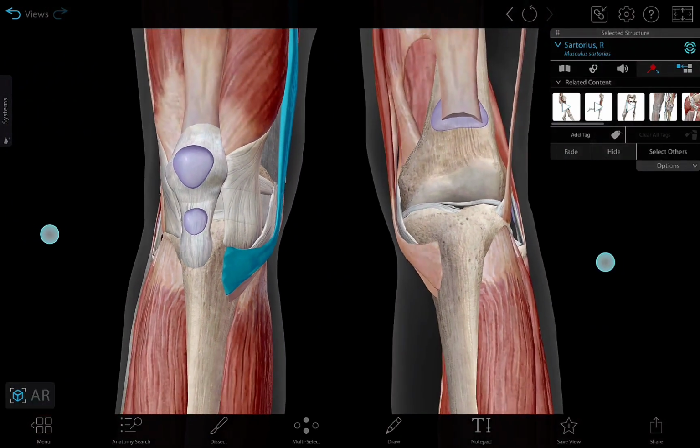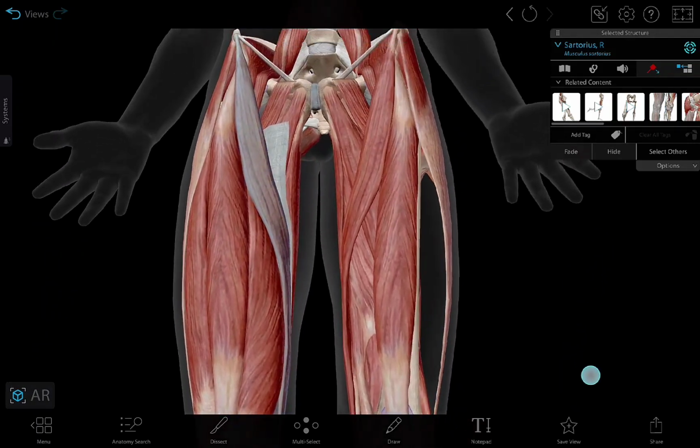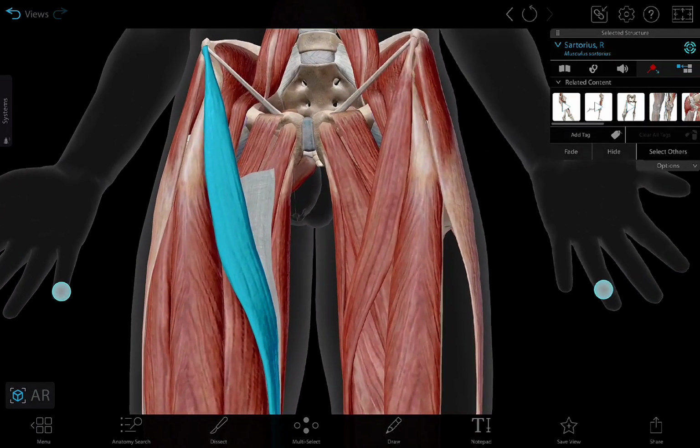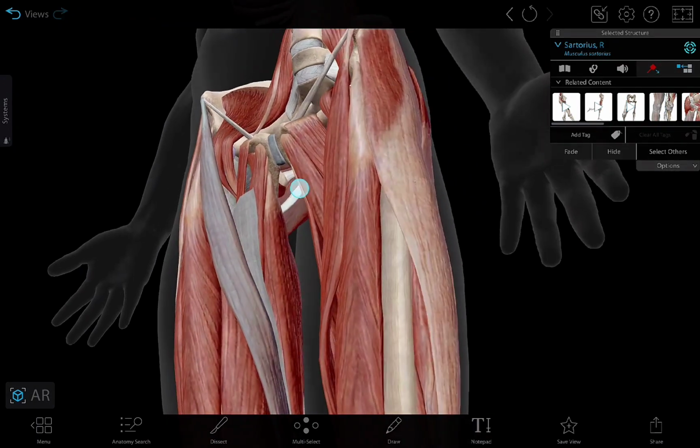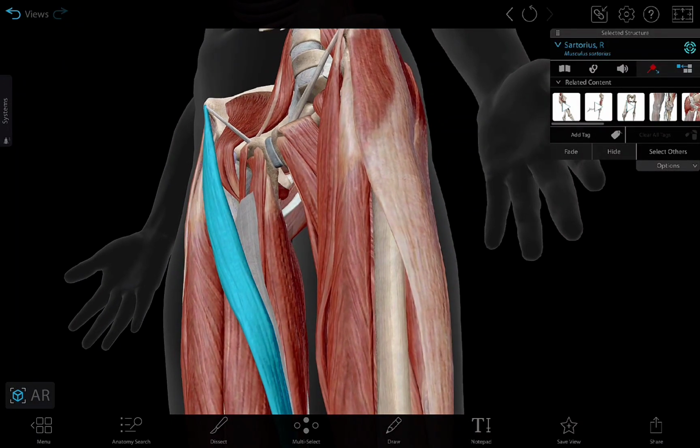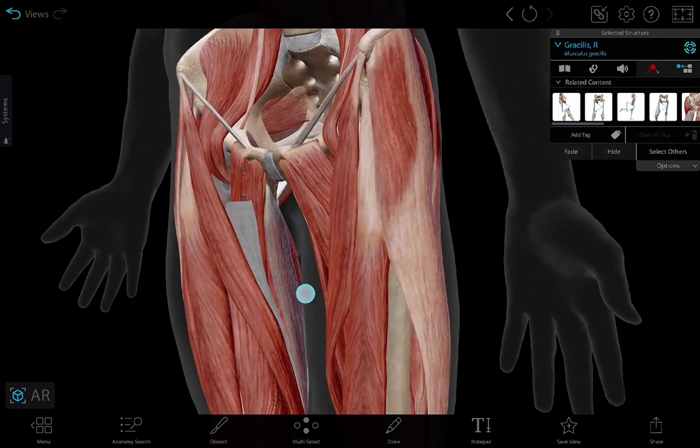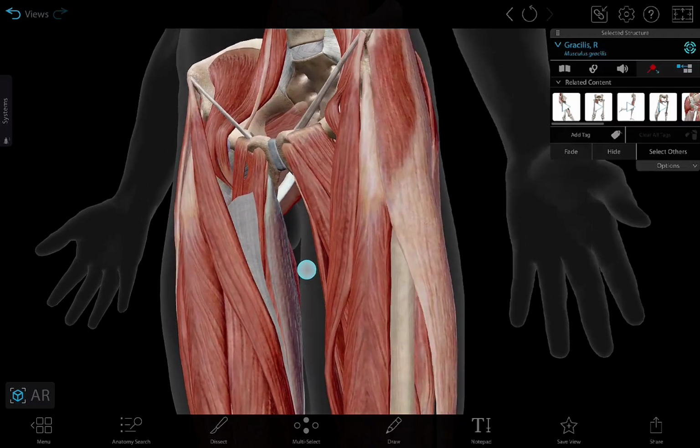So the sartorius is one of the most important diagonal muscles and the longest muscle of the thigh, even in the human body. And now we go to the gracilis muscle. It is also one of the key muscles of the thigh.